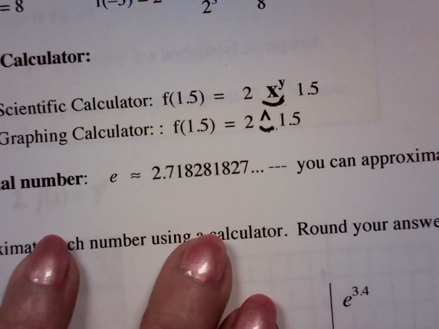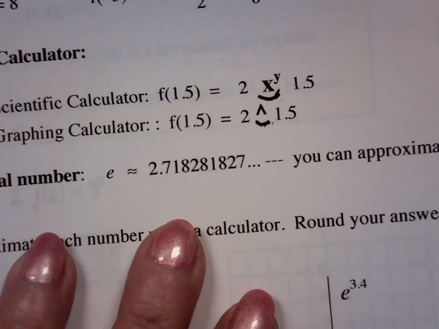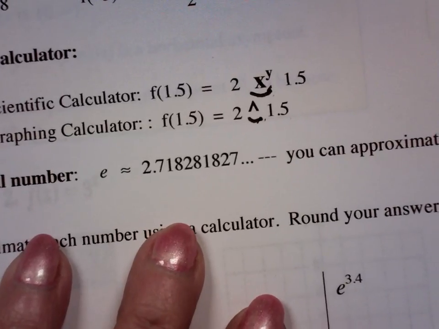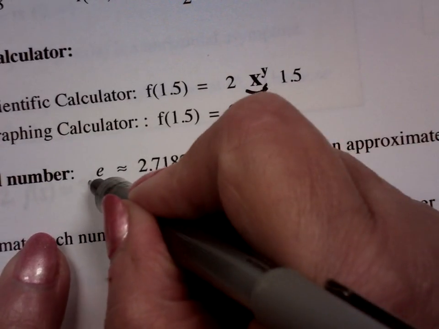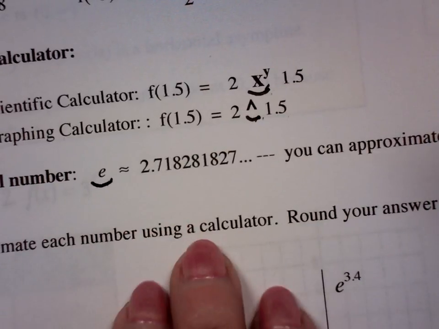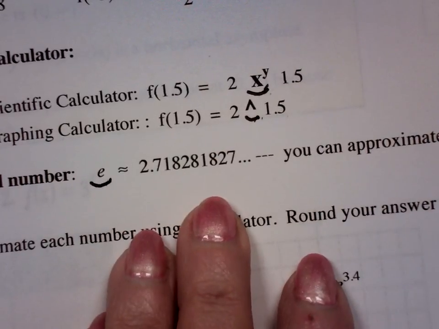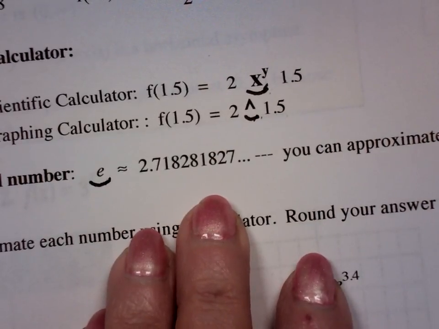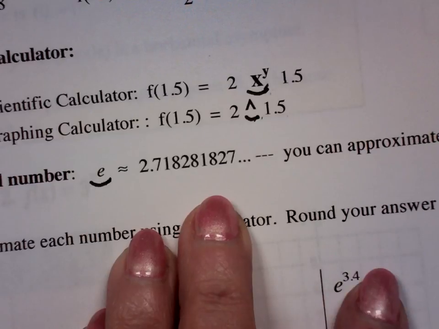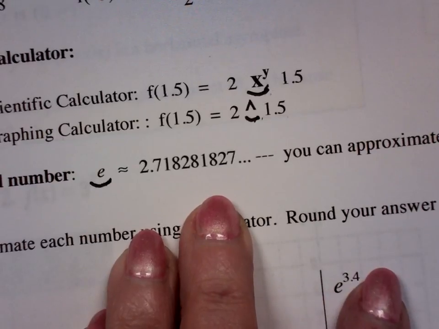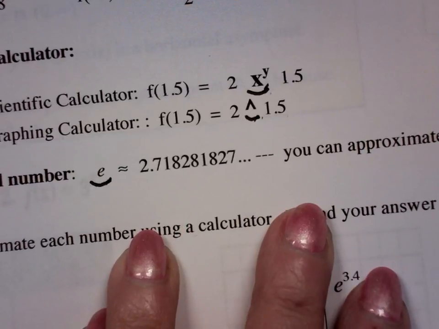There is a special number we're going to be working with, and that's a lot like pi. And that's a number called e, and we'll do more investigation about where e came from and some of the rest of it. But it's like pi, and it's 2.718281827... And it goes on forever.